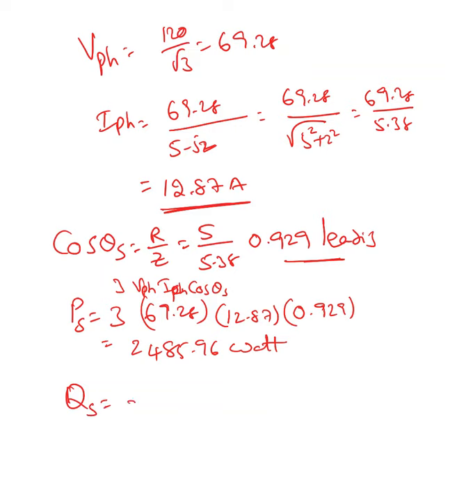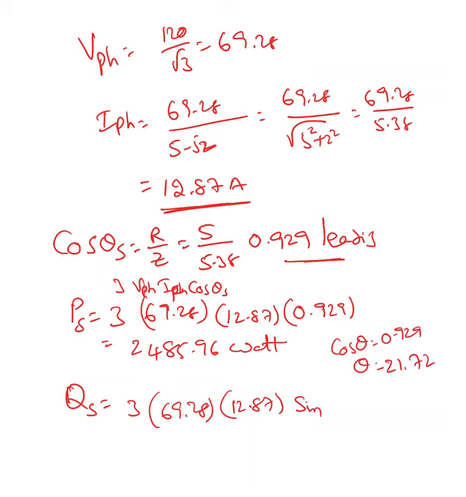And QS must be 3 times 69.28 times 12.87 times sine theta. So if I have cos theta equal to 0.929, find the theta value. This value is 21.72. So sine 21.72 equals, this gives 989.9 volt ampere reactive.